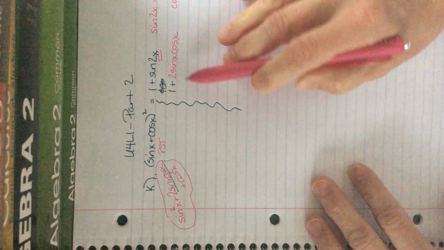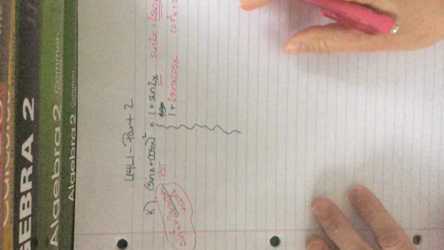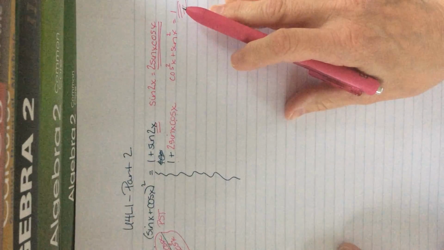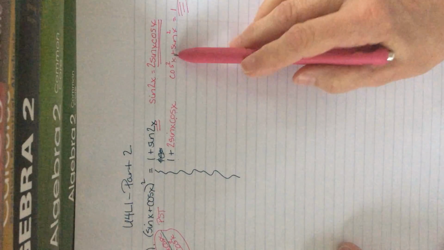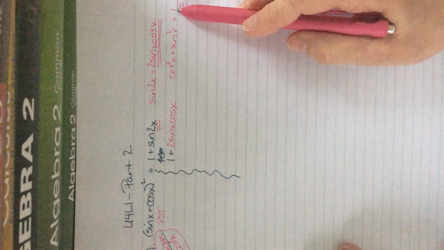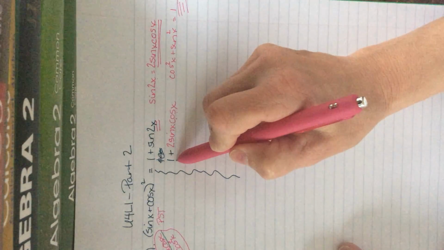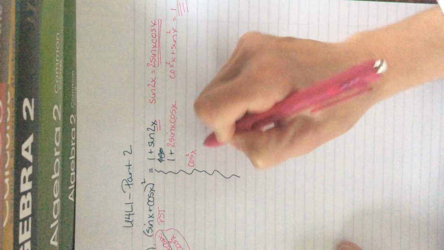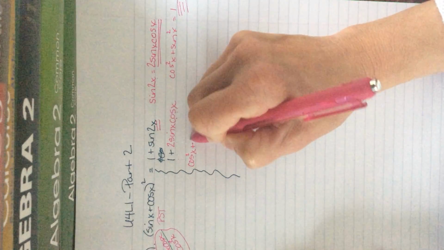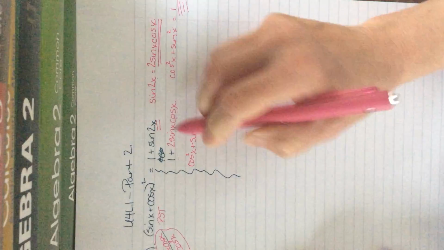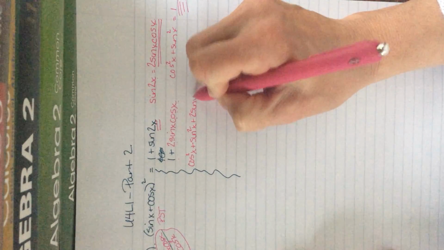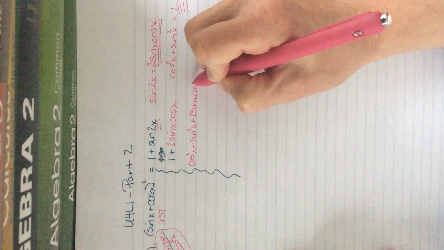So what can I replace this 1 with? Oops, sorry. I didn't realize this was off the page. Okay, so cosine squared x plus sine squared x equals 1. So what I'm going to do is replace this 1 with cosine squared x plus sine squared x. I have my positive 2 sine of x cosine of x.